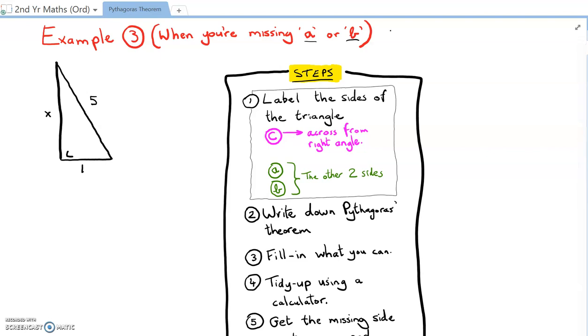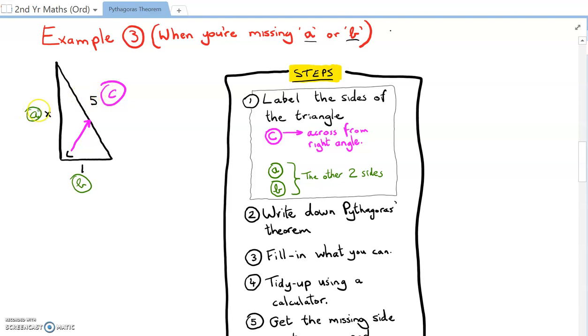So let's try one of these because you have to do a slightly different way. So here's an example. I'm missing a side, this one here. And let's see which one it is when I label it. So my first step, still the same first step, label the sides of the triangle. Okay, across from the right angle is C. And then the other two sides don't matter. A, B. Okay. Now you notice that this time I have C. I know what C is.